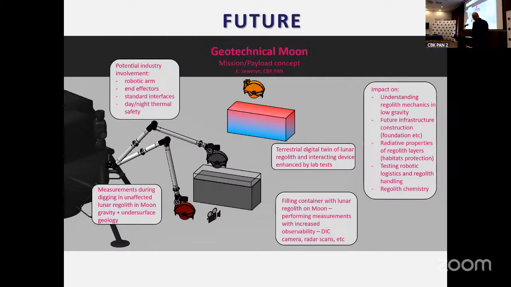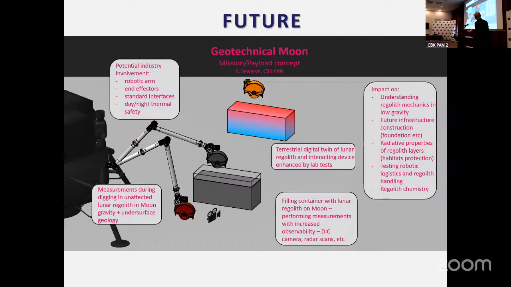But due to the fact that it is difficult to obtain a large amount of data, in my opinion it is worth moving this regolith to a container and repeating the experiment in the container, to have a chance to record the soil movement from the side or in another way.